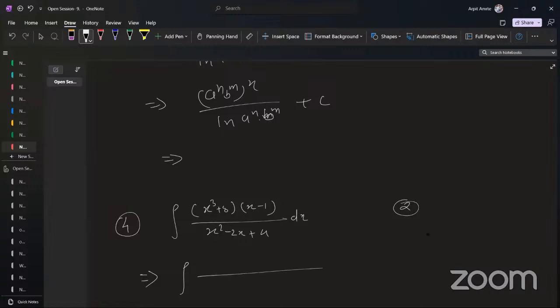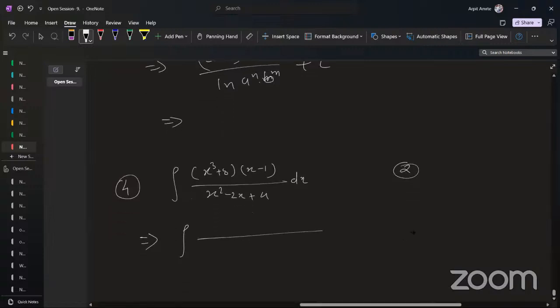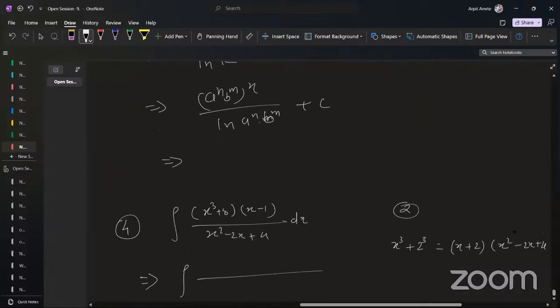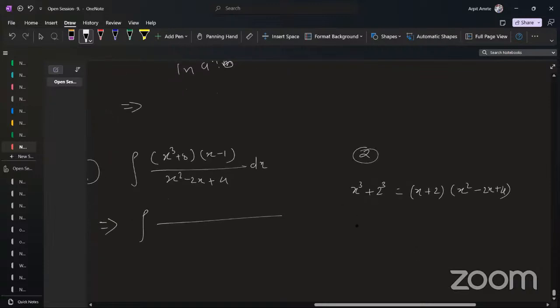You know this formula, right? What did you say? We have to factorize this: x cube plus 2 cube. 2 cube is 8. So what will it be? x plus 2 into x square minus 2x plus 4. So what is this formula basically?